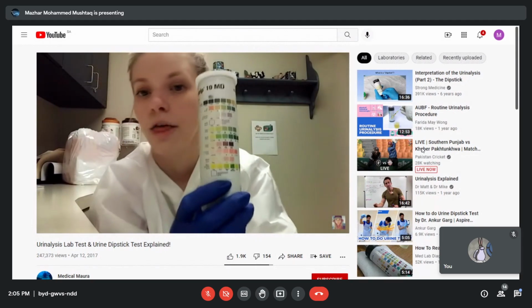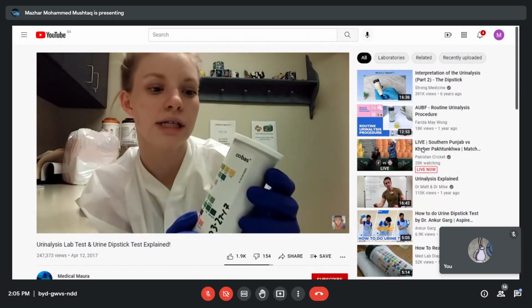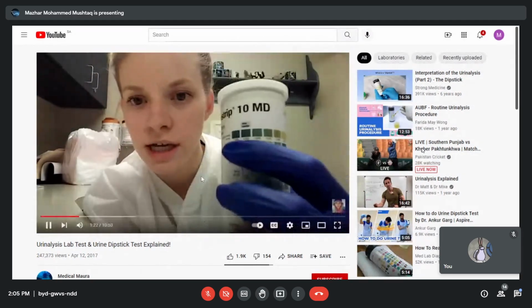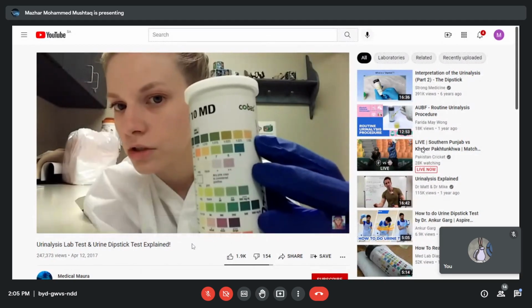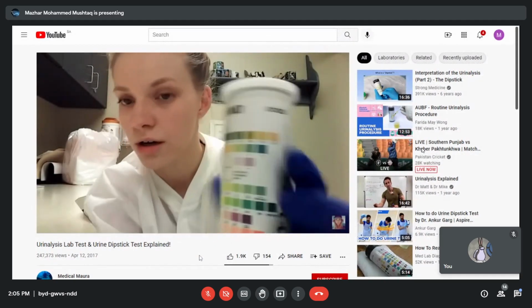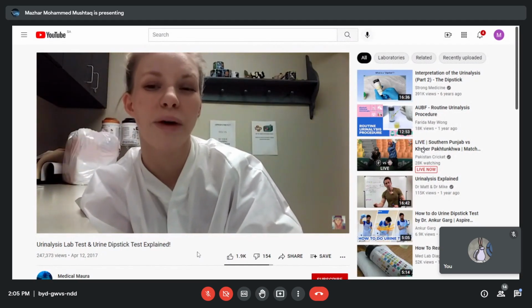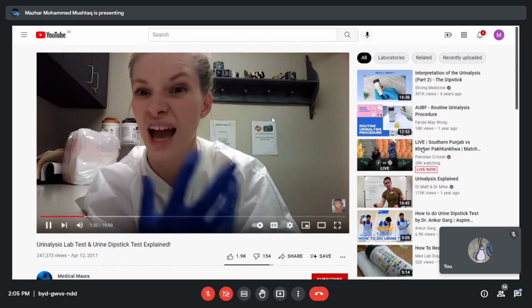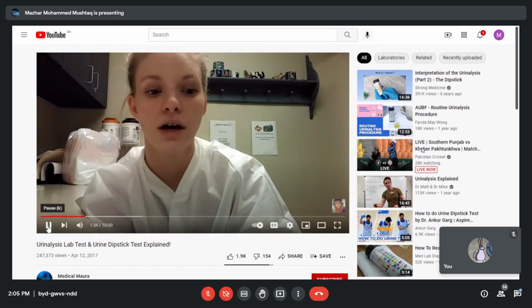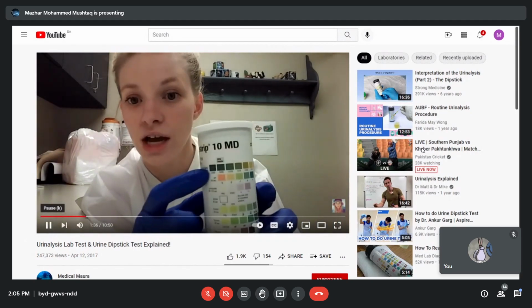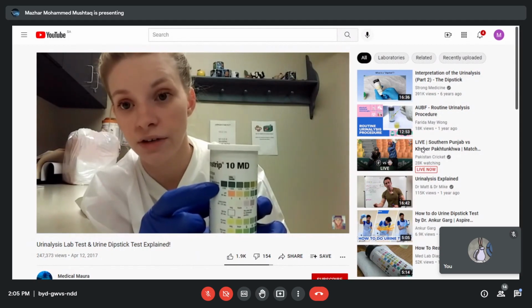So the first one I want to talk about is specific gravity. So you can tell it goes from a dark blue to almost like an orange color. The specific gravity on a urine basically tells how much stuff is in there. So the specific gravity starts at 1, and that is the specific gravity of water.